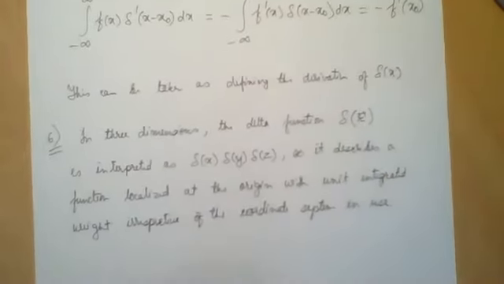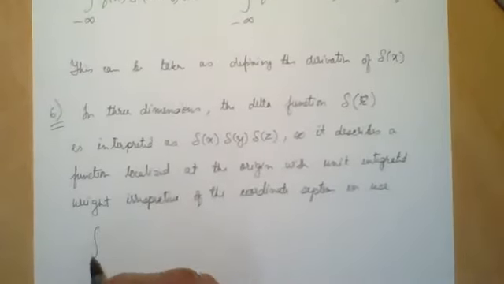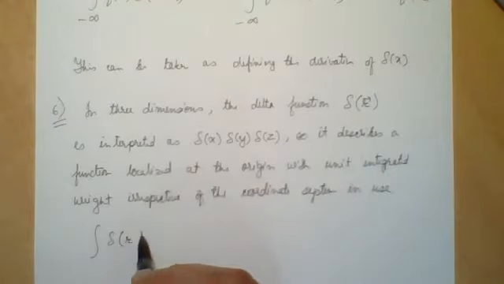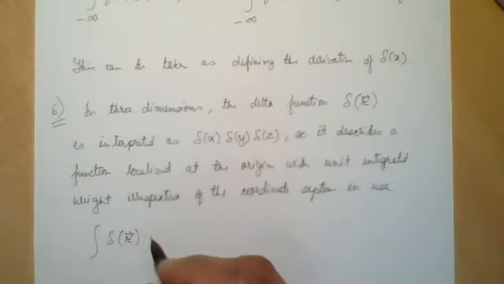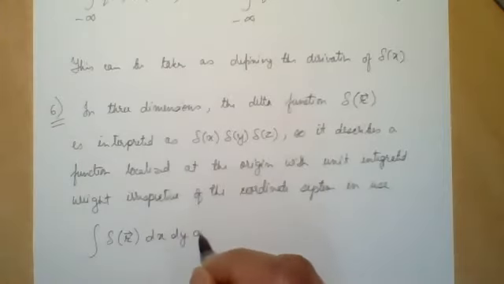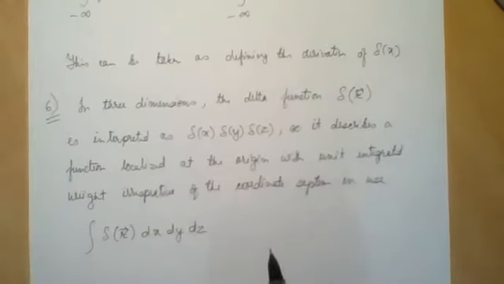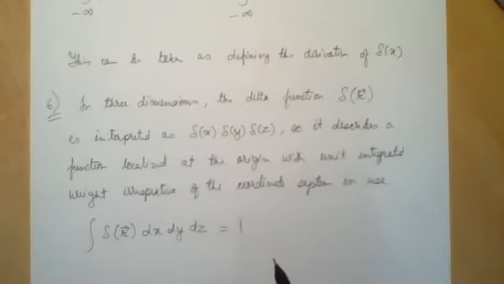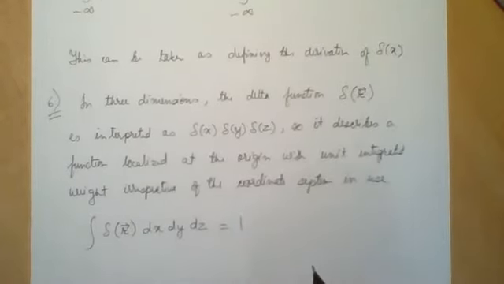For example, in Cartesian coordinates, integration here of delta r vector dx, dy, dz should be equal to 1.